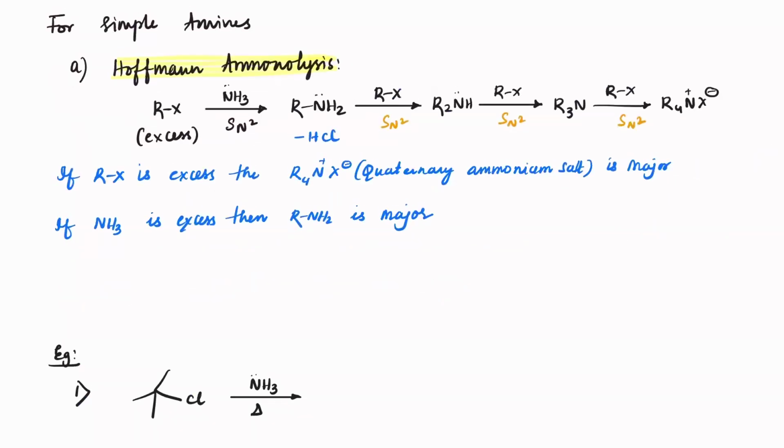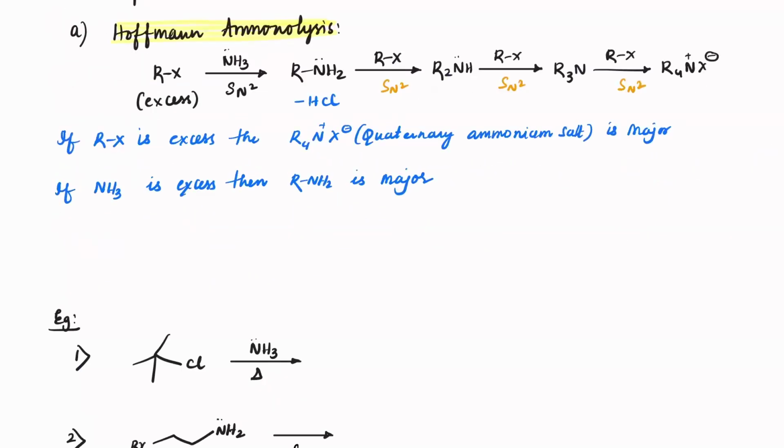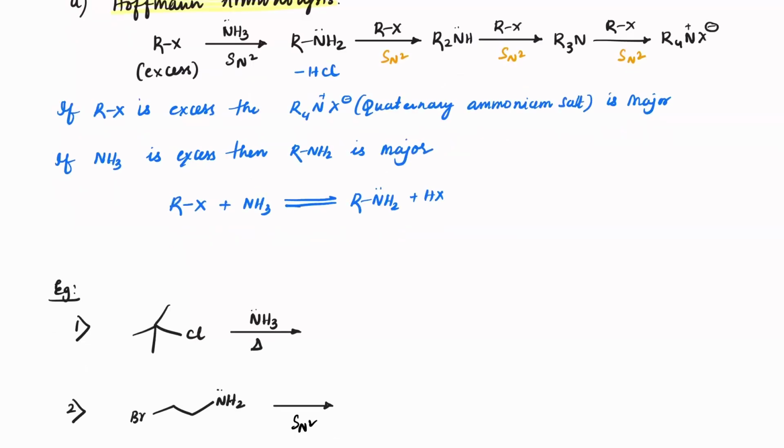Hoffmann ammonolysis is quite reversible. That means if you have RX plus NH3, we are expecting this to form RNH2 plus HX. But this HX can again protonate it and make the X minus attack once again, correct? So if you want this to be less reversible, I want to make sure that this HX is removed. So what I can do is use ammonia in the presence of pyridine.